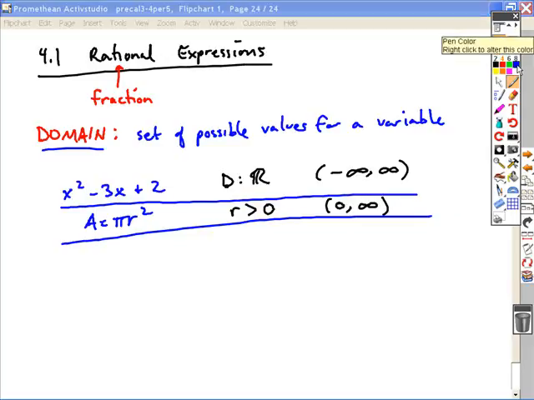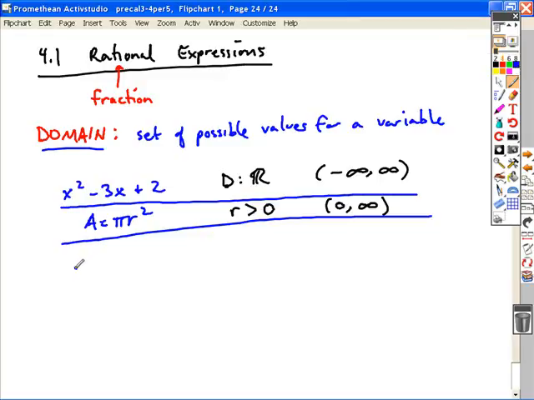Now, we may also get other restrictions based on things we know about the expression. So if I gave you this expression under an even indexed root, what do you know has to be true about this whole expression? You can only take an even indexed root of a non-negative number.